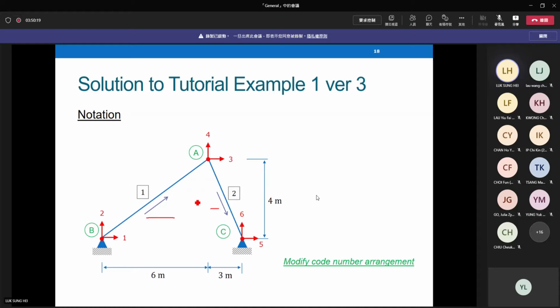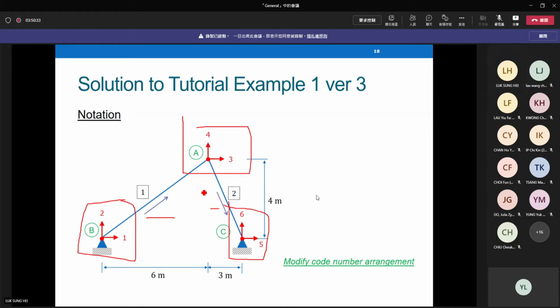I assign code numbers from left to right. So we have 1, 2 here, 3, 4, and then 5, 6. I did not follow the textbook suggestions. So what would happen if I violate the textbook suggestions and assign code numbers based on my own preference? I would like to let you know in this example, version 3.